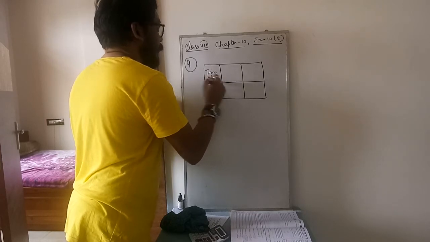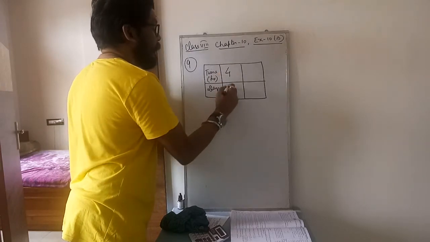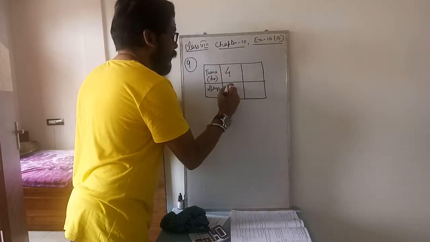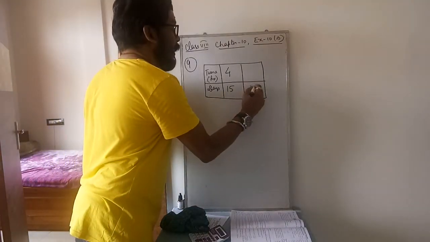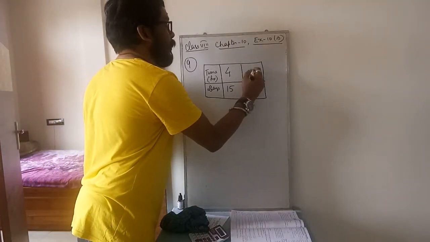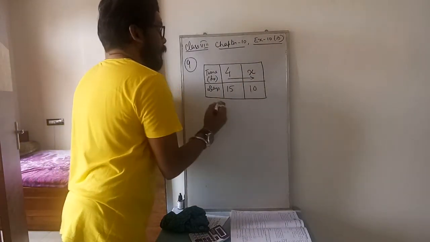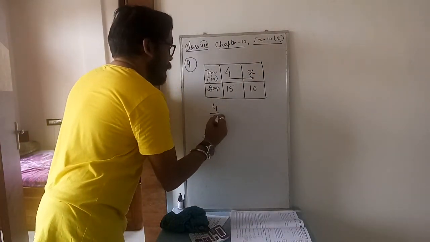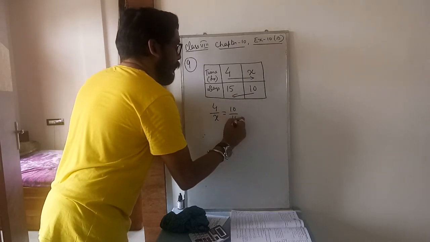In the first case, how many hours did she work? 4 hours per day. At that time days taken was 15. Now she has to complete the work in how many days? 10 days. Fewer days, so more hours. To find that, you find the ratio. 4 by x equals 10 by 15.